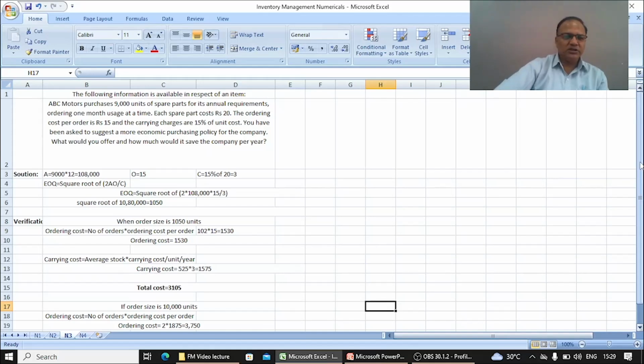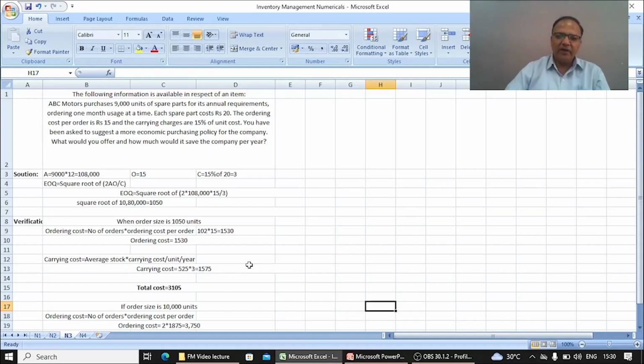So here you have to suggest that after applying the EOQ model, its recommendation is that you have to purchase with an order size of 1050 units, and total orders in a year should be around 102, and the total cost incurred will be 3105. So this is the more economic plan.